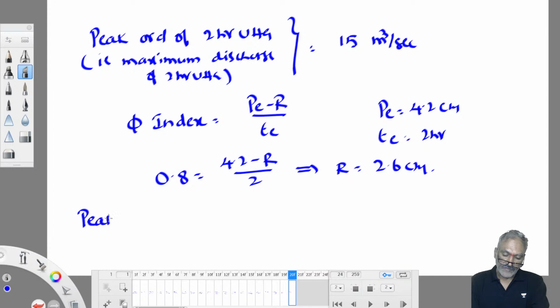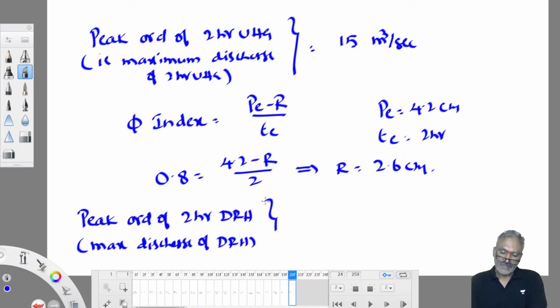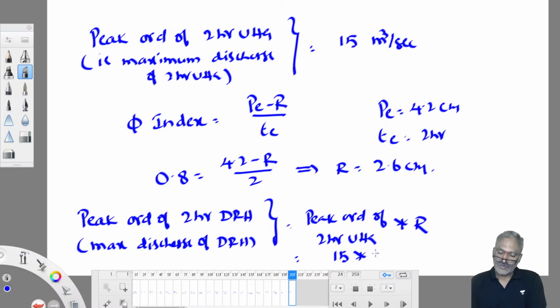Therefore, you can find out the peak ordinate of the 2-hour direct runoff hydrograph, which is nothing but the maximum discharge of the resulting direct runoff hydrograph, which is equal to the peak ordinate of the 2-hour unit hydrograph into R. So the peak ordinate of the 2-hour unit hydrograph is how much? 15 into 2.6, how much is it?